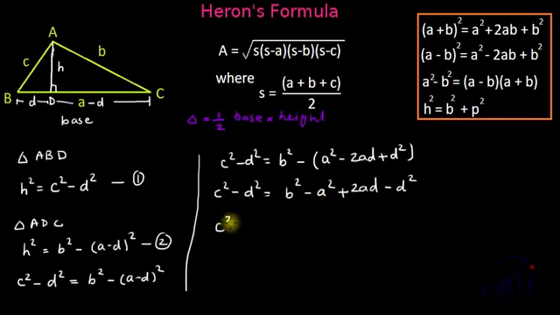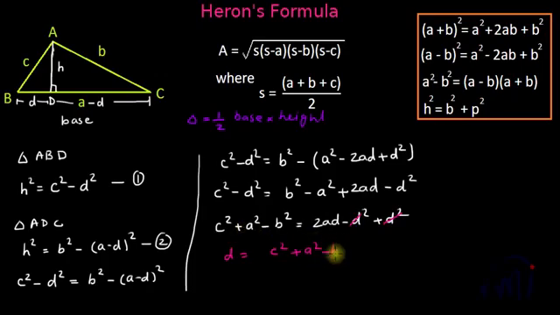So we'll get c square plus a square minus b square is equal to 2ad minus d square, and this minus d square will become plus d square. Minus d square will cancel plus d square, and the value of d can be written as (c square plus a square minus b square) divided by 2a.